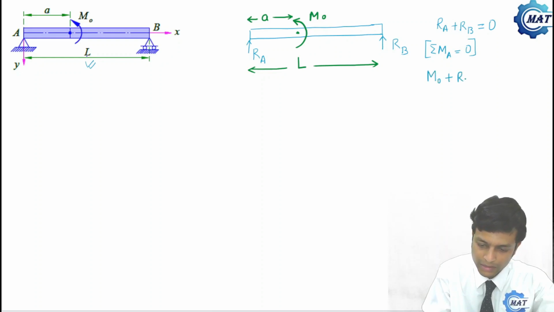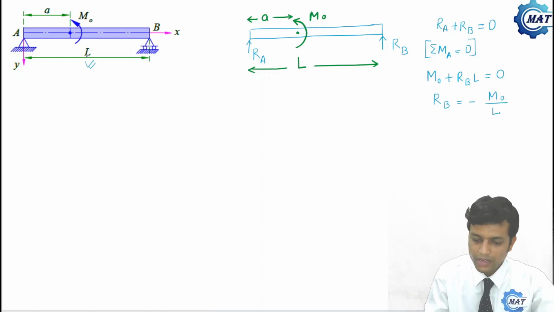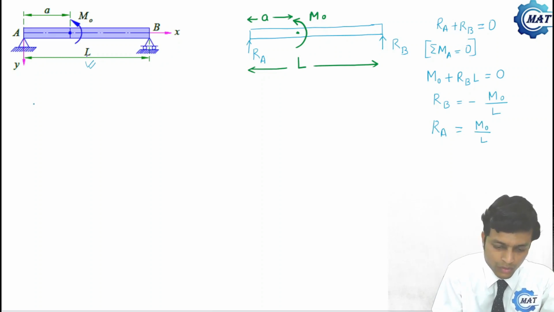M0 plus RB L is 0. So RB is minus M0 by L. If RB is minus M0 by L, then RA will be M0 by L. So minus means direction is opposite.